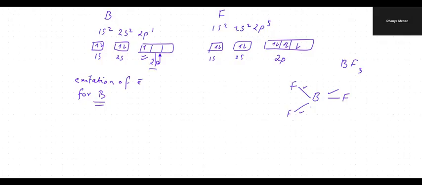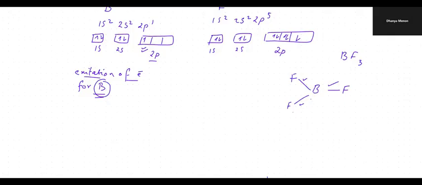So what should happen? Excitation of electron takes place in the boron atom, so that electrons are available in all the p orbitals. I'll redraw this once again: 1s, 2s, 2p, for boron.